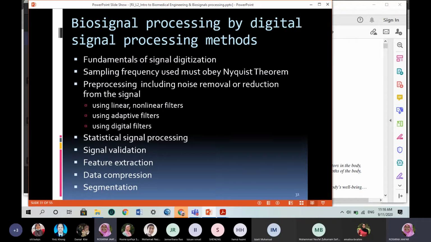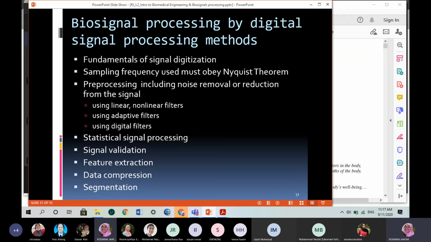Okay, from feature extraction, you can also do classification of the signal. Classification means you classify whether it is a normal signal or abnormal signal, so that you can identify the signal is a healthy signal or a signal of a person with illness.